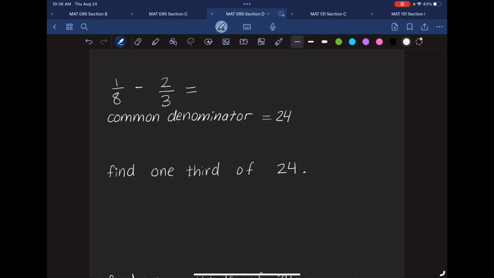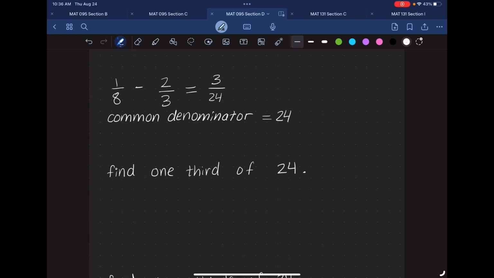And so I'm going to change 1/8 into the context of, well, if I have 1/8, how many 24ths is that? I would multiply 8 by 3 to get 24, so I multiply the 1 by 3 and get 3.